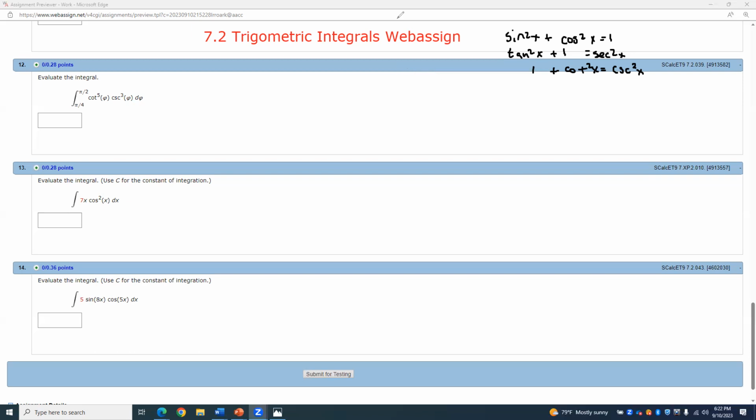We feel fairly confident, hopefully, with sine squared plus cosine squared equals 1. And if we had to, we could derive it in terms of tangent, right? We could divide everything by cosine squared and get that tangent squared plus 1 equals secant squared. Okay, fine. However, there's technically the third option where if we take sine squared plus cosine squared equals 1 and divide everything by sine squared, we would get 1 plus cotangent squared equals cosecant squared.